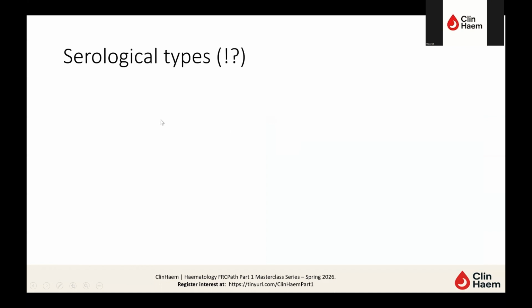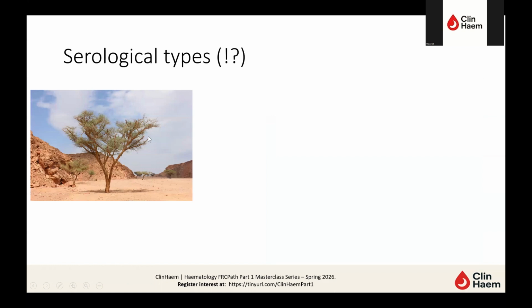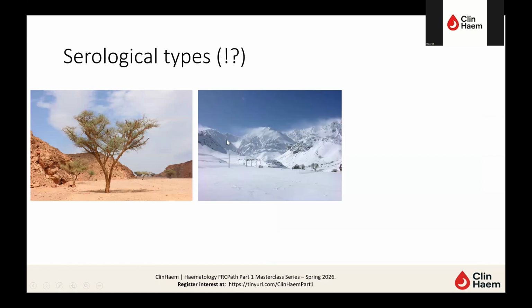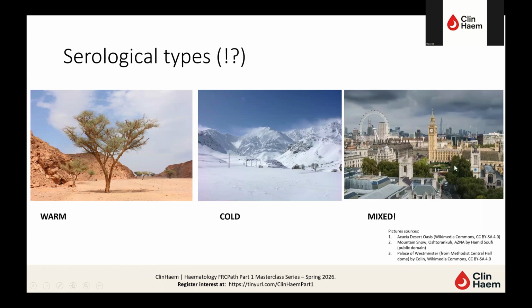But coming to the serological types, it would have been very easy for me to say, okay, warm happens in the Middle East, cold happens in a cold place like Antarctica, and mixed happens in the UK, because in the morning you're supposed to turn your heating on in the car, and by the afternoon you're supposed to be turning on the AC. But unfortunately, things are not as simple here as they are in life.